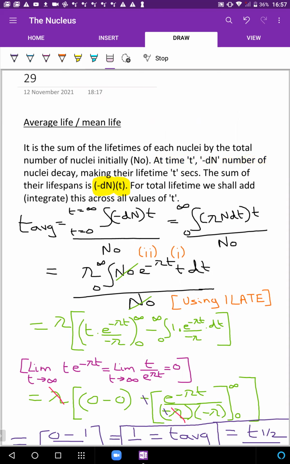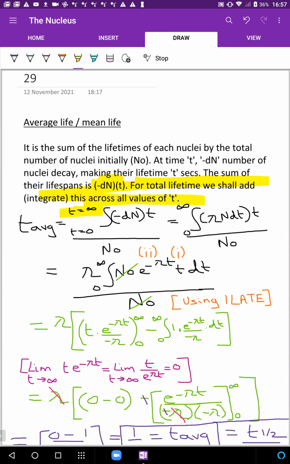For total lifetime, just as there I had to add 1 into 7, 2 into 6, 3 into 10, for every score, here too, for the total lifetime I need to add this term for all possible values of t. There will be nuclei which will be disintegrating at t equal to 0. Statistically, there can be nuclei which disintegrate at t equal to infinity as well.